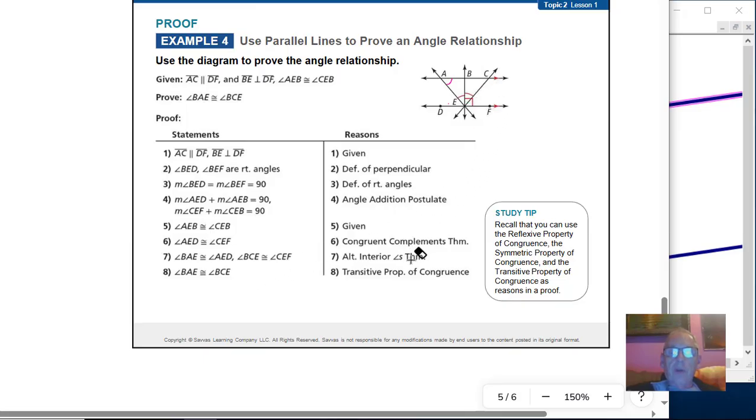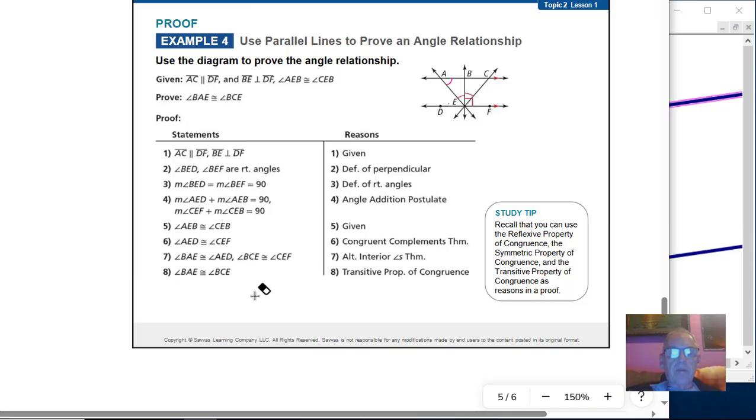From our alternate interior angles theorem, we have BAE and AED are going to be congruent because those are alternate interior angles. And also BCE, which is this angle here, and angle FEC are going to be congruent to each other because of alternate interior angles with the parallel lines in this other transversal.